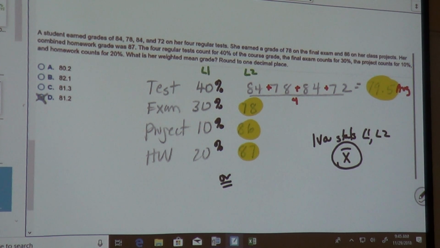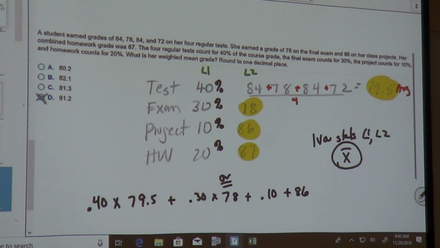Or you can say 40% and she made a 79.5, plus 30% and she made a 78, plus 10% and she made an 86, plus 20% times the 87. That's going to give you the same exact thing. You're taking the percentage times the grade plus the percentage times the grade. The only difference is you had to figure out what her test average was before you could work it out. Cool?